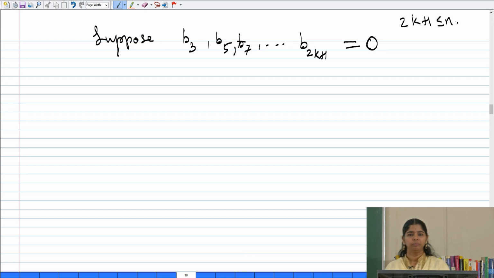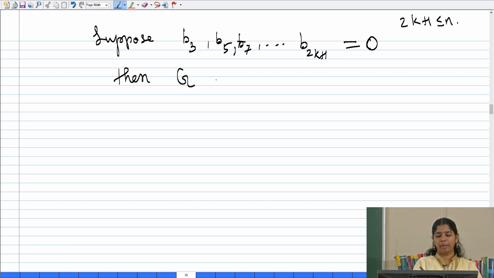Then what can I say? If all these are 0, that means we have no 3 cycle, 5 cycle, 7 cycle, so no odd cycles are present. Therefore, my G is bipartite, right.